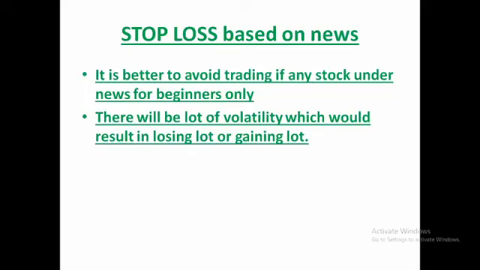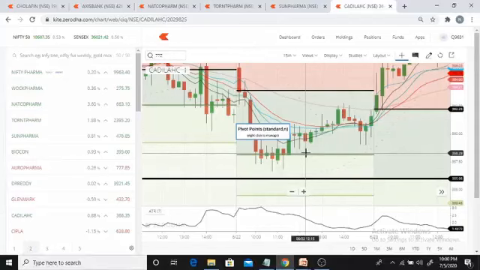It's a huge loss, right? Such kinds of issues will come. If you want to take such risk, you can, but for beginners, it's better not to trade news-based stocks. One example I gave is pharma, which recently happened with Glenmark. So that's it about the stop loss part.